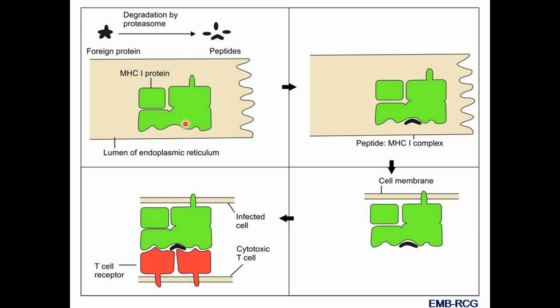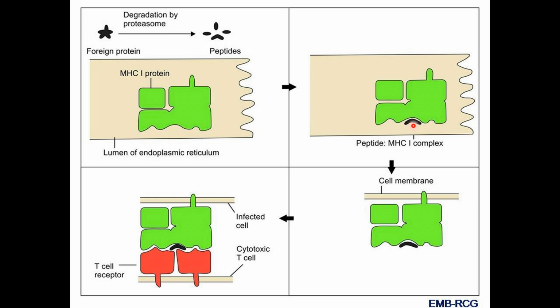So we have a MHC1 protein here, which is present inside the lumen of the endoplasmic reticulum. And this is a foreign protein, which is broken down by 26S proteasome. And when it is broken down, a number of peptides are formed.